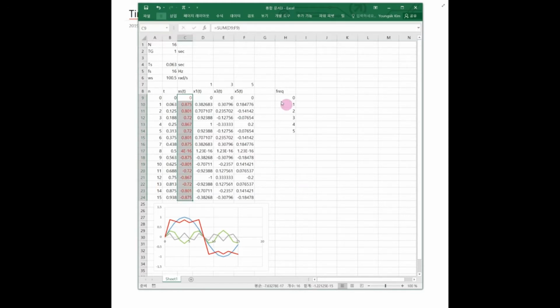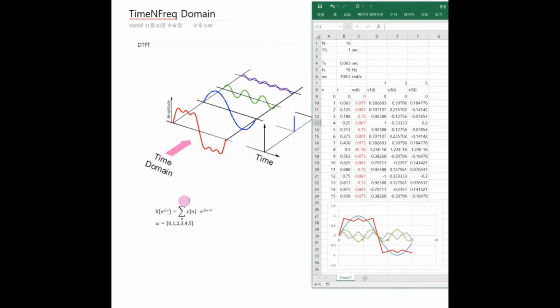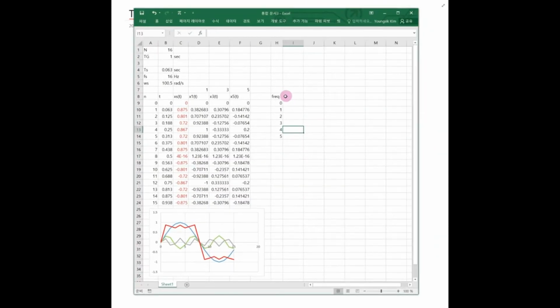This summation is just a matrix operation: this is frequency, and this is time index. Time index is changing from 0 to 15.